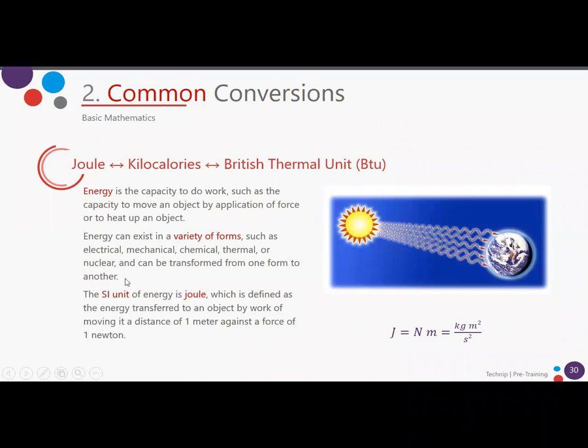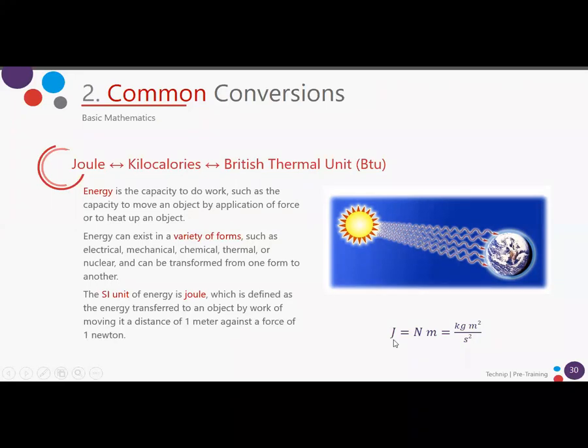Energy can exist in a variety of forms, such as electrical, mechanical, chemical, thermal, or nuclear, and can be transferred from one form to another. The SI unit of energy is joule, which is defined as the energy transferred to an object by work of moving it a distance of 1 meter against the force of 1 Newton.